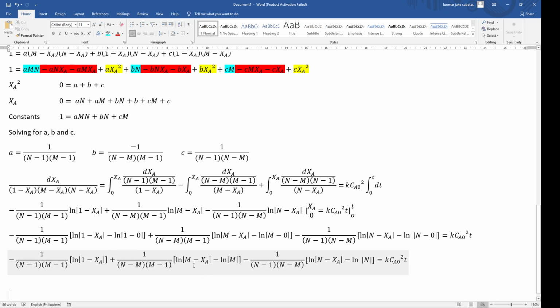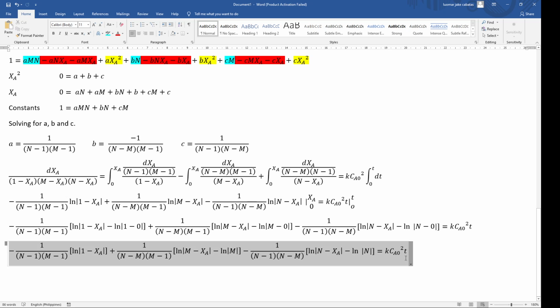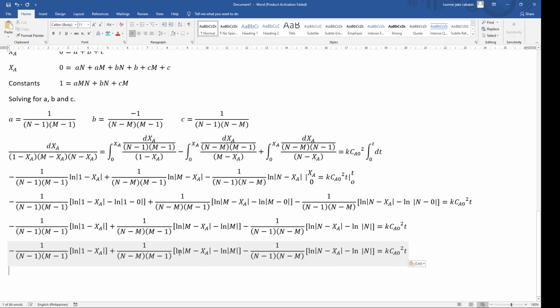And then applying for this 2, applying the properties of ln, since minus, so divide.